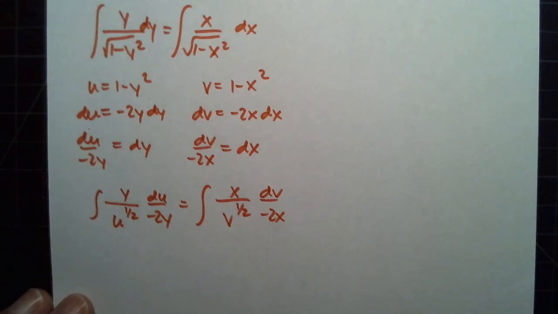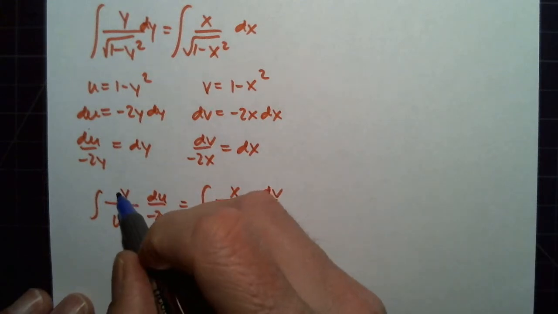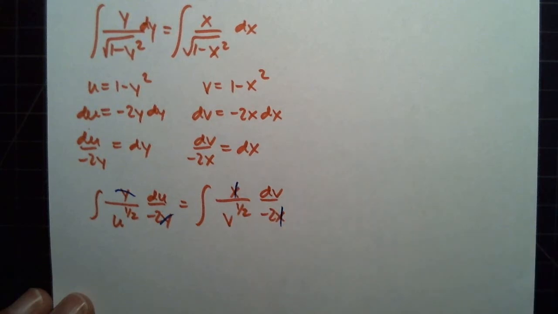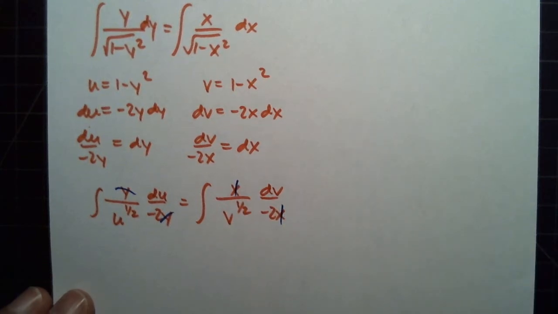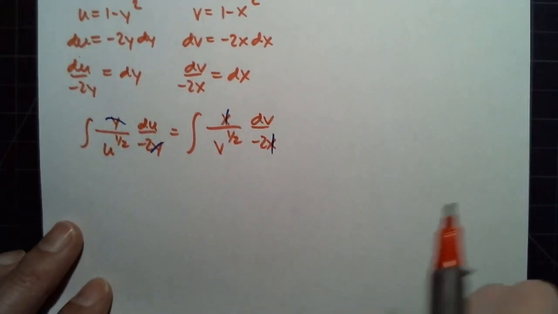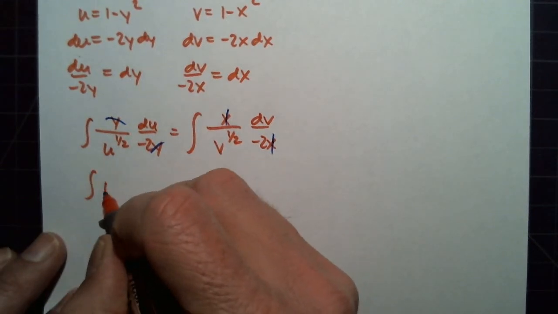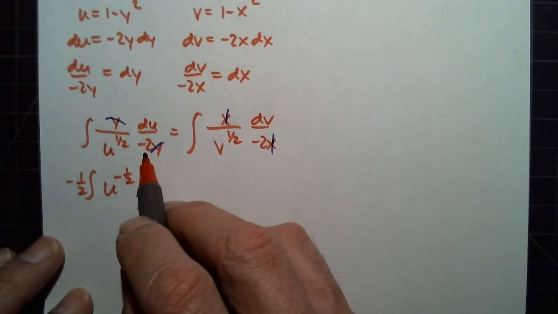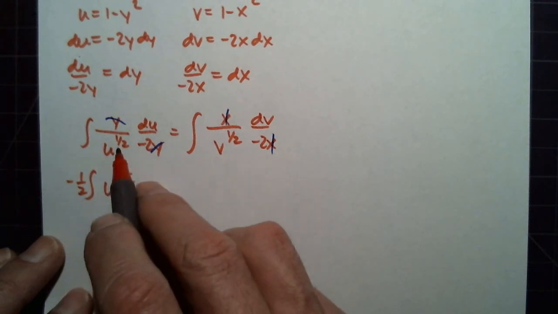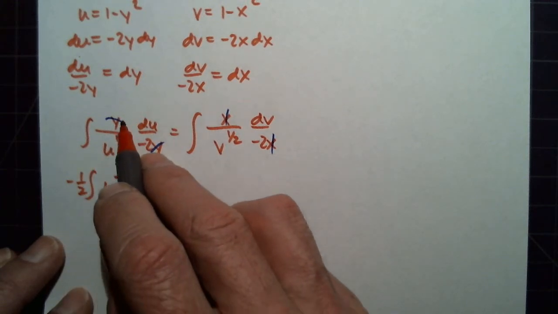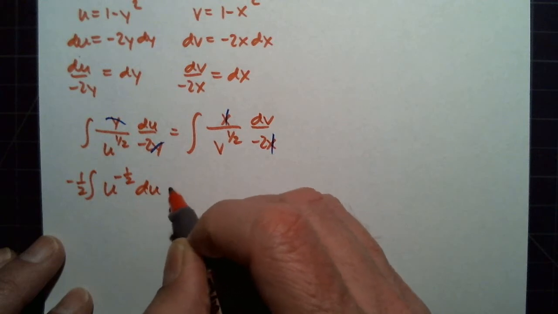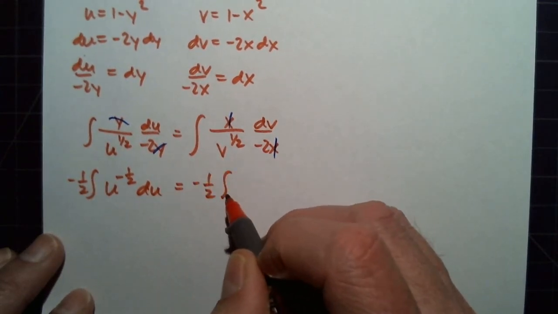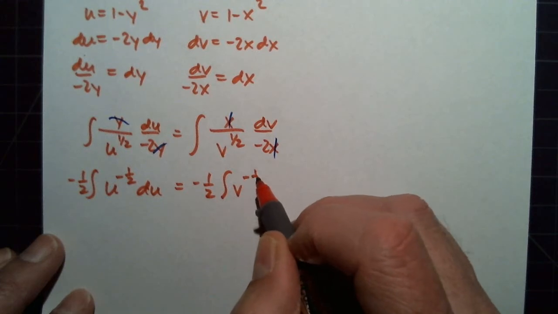And we can cancel the x and the y. So this is going to be u to the negative 1/2. We have a negative 1/2 here, so negative 2 goes out in the denominator. U to the 1/2 moves up to have a negative half. Here we're going to have negative 1/2 in front, and then v to the negative 1/2.